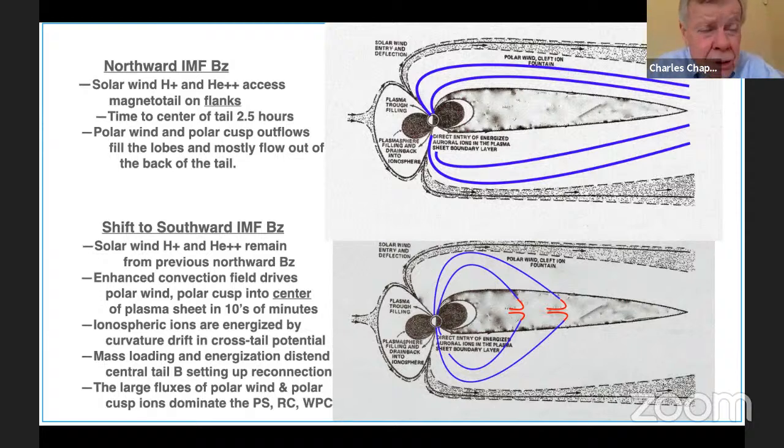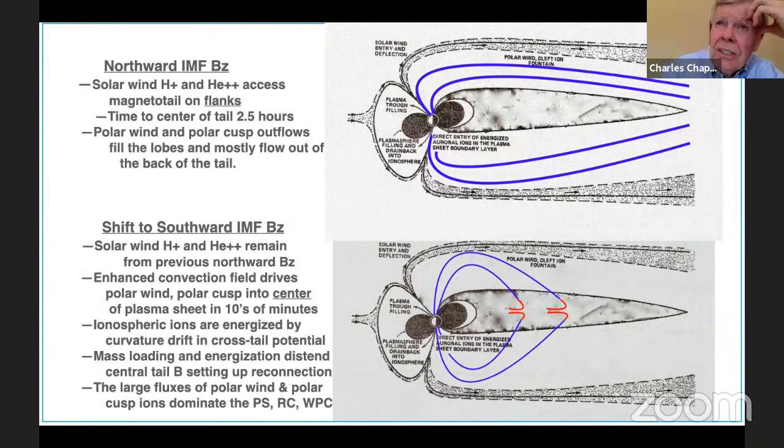So that's absolutely a contributor. Interestingly, in sort of a secondary way, if you think about that storm scenario, you're doing polar wind out of the ionosphere, you're doing polar cusp. The Bz goes southward. The lobe particles are pushed into the plasma sheet.